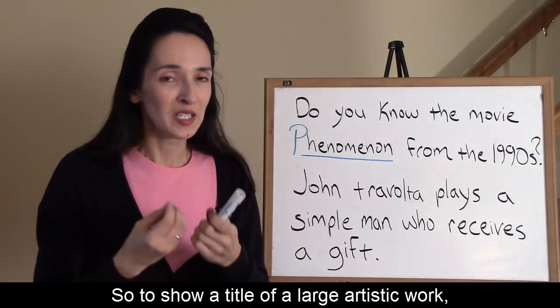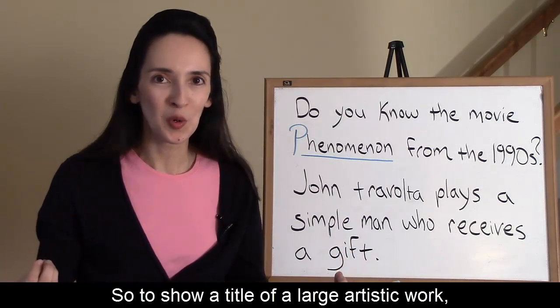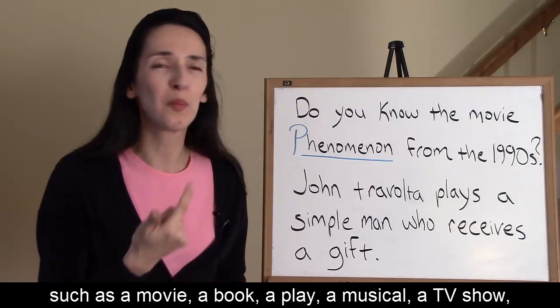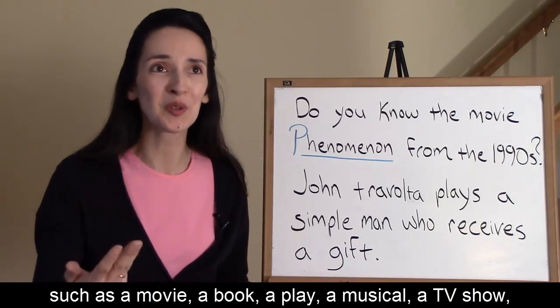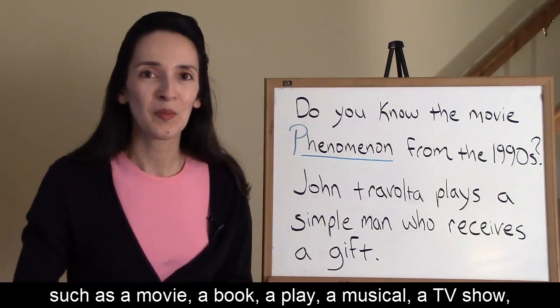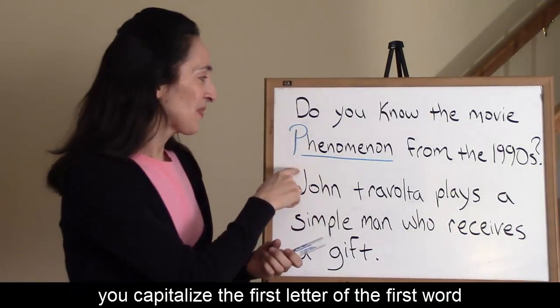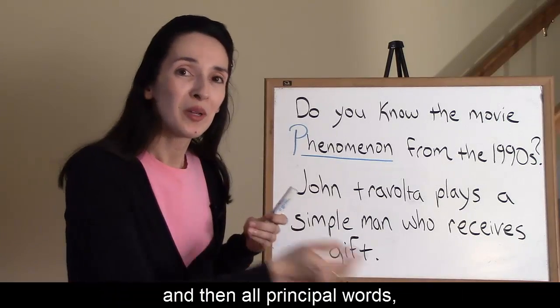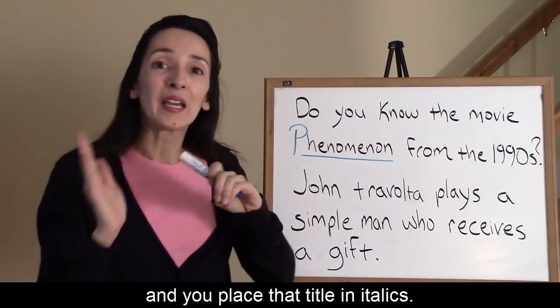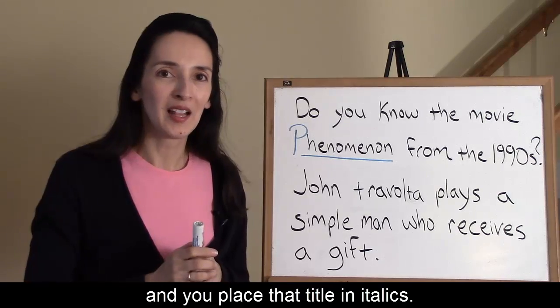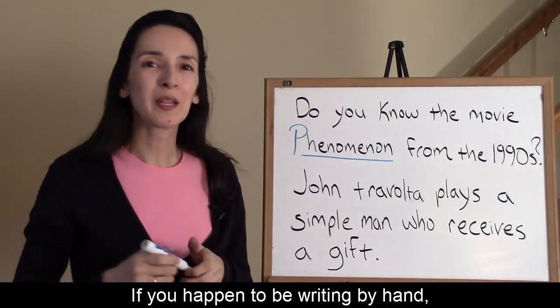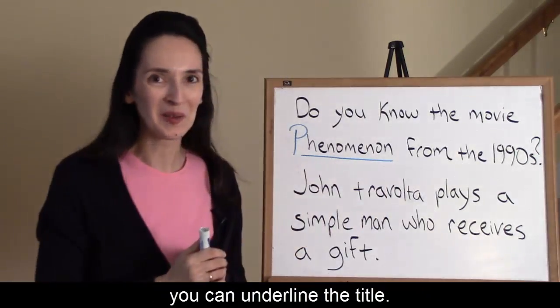So to show a title of a large artistic work, such as a movie, a book, a play, a musical, a TV show, you capitalize the first letter of the first word and then all principal words, and you place that title in italics. If you happen to be writing by hand, you can underline the title.